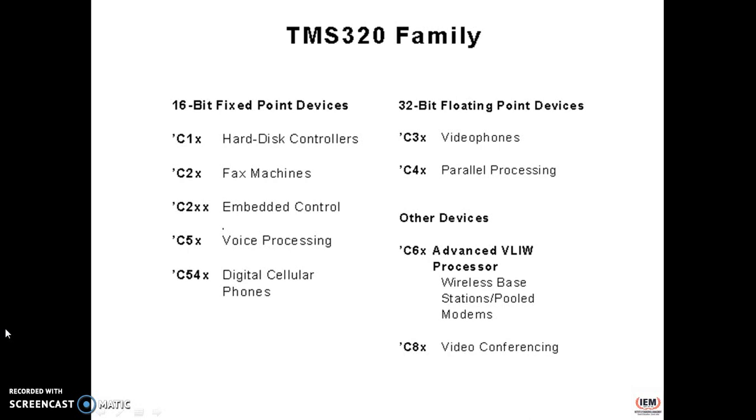Now coming to the next 32-bit processor, considered as C4x. This range is designed for parallel processing. The C4x devices have a 32-bit bus and floating point.